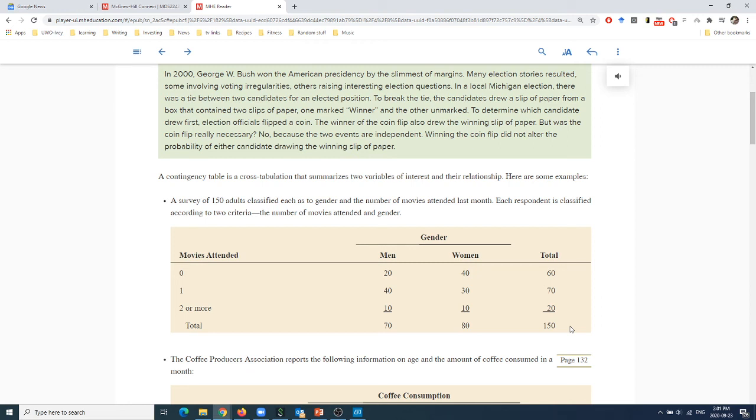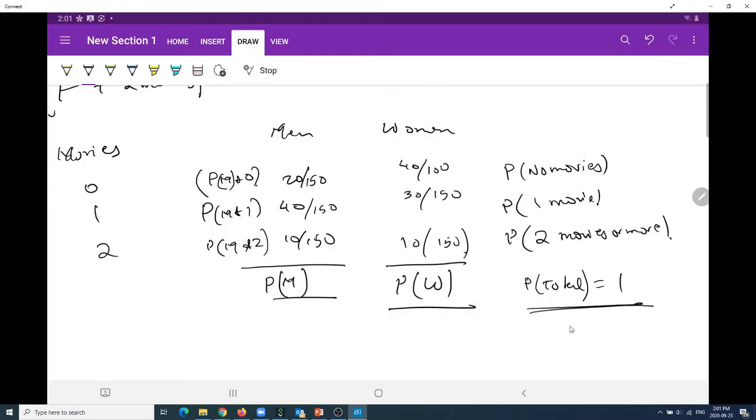So here it'll be 40 divided by 150 again, 30 divided by 150, and 10 divided by 150. These are the overall individual probabilities, and the probability of no movies is going to be 60 divided by 150, and so on. You could find all the individual probabilities by dividing that individual count by the total, and this would be your probability.